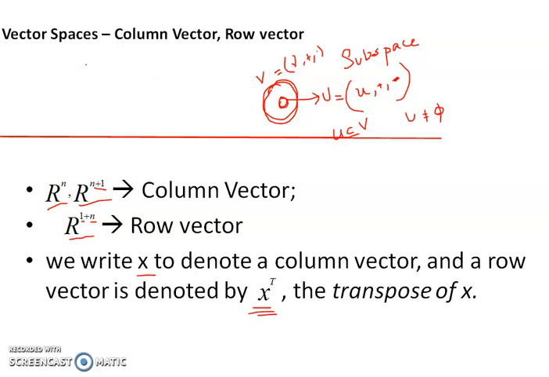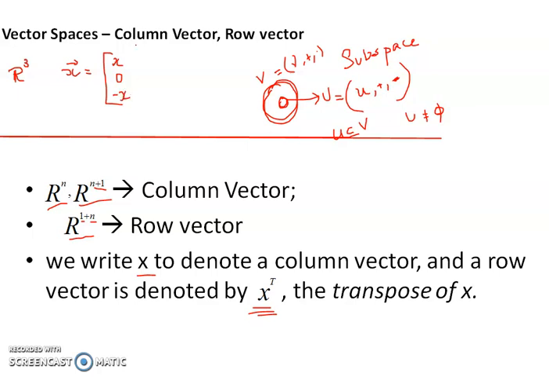For example, if I am taking a set of real numbers, R to the n, here I am taking n as 3. So if I take a vector x, you can get the elements of this x as x, 0, minus x.